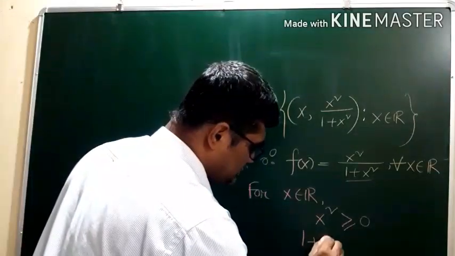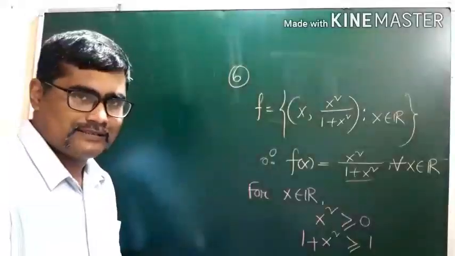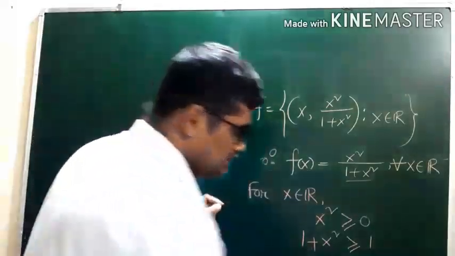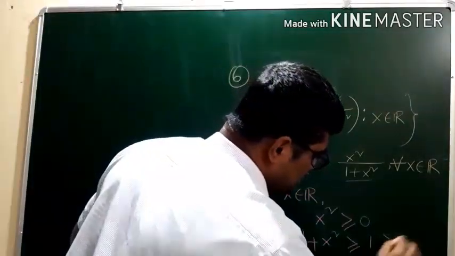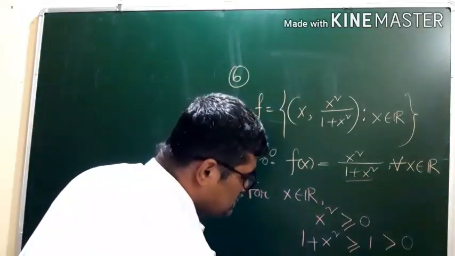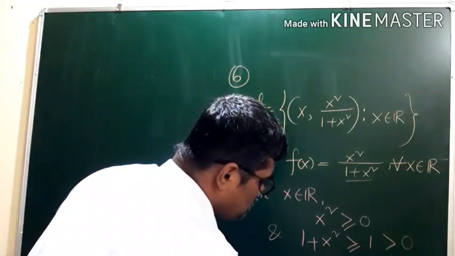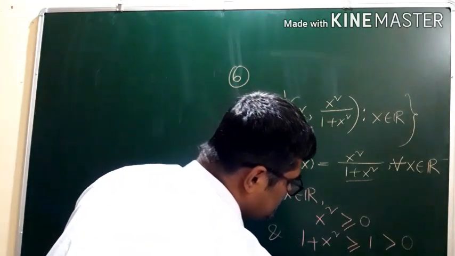So adding 1 to both the sides, we get this one strictly greater than 0. So this statement implies 1 plus x square is strictly greater than 0.